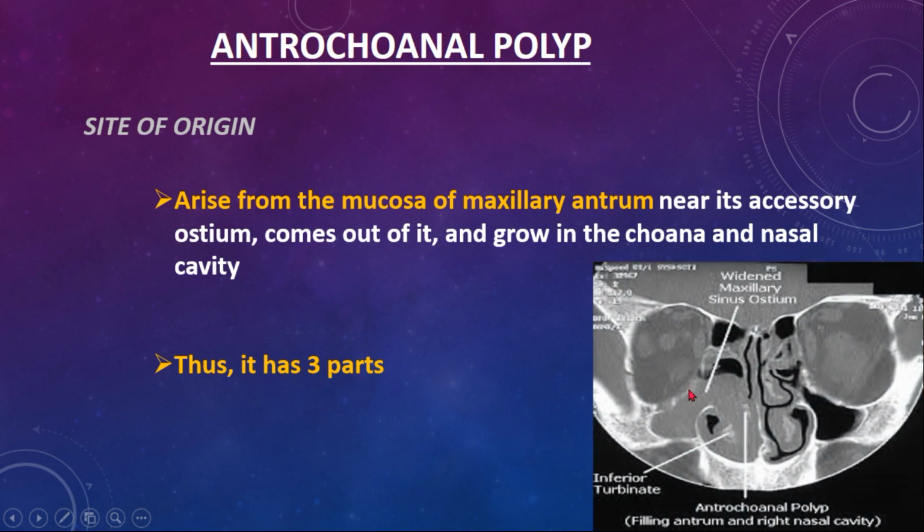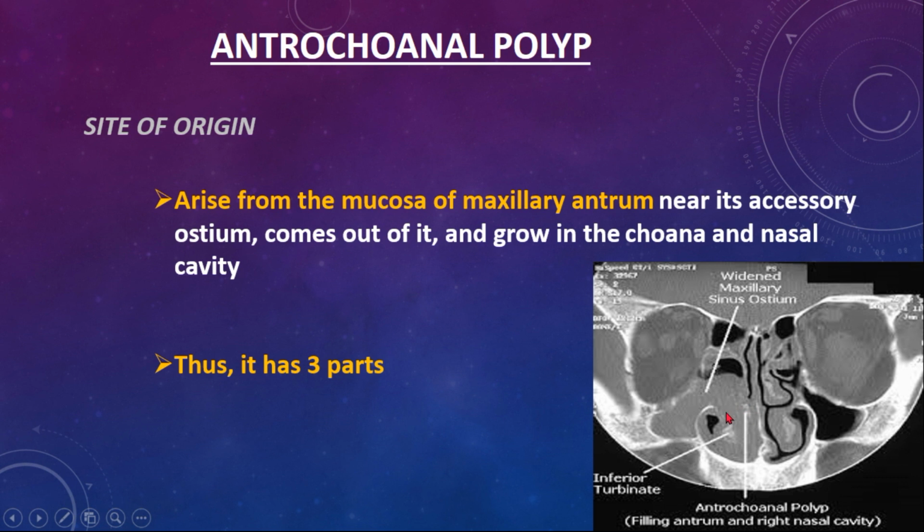First one is it originates from the mucosa of the maxillary sinus. This is the maxillary sinus. As you can see, this is the normal maxillary sinus. This is the maxillary sinus covered with soft tissue density. Polyp originates from the mucosa of the maxillary sinus, comes out of its ostium and grows in the nasal cavity and choana. Choana is the posterior nasal opening.